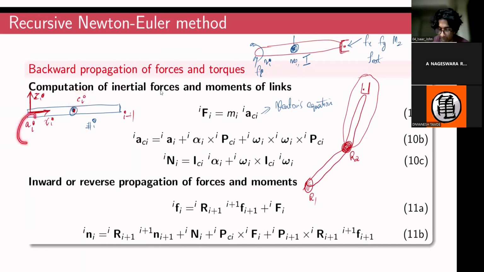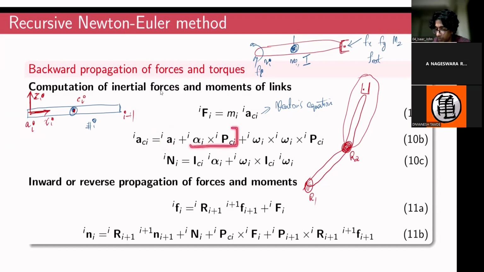So if you know the acceleration of this proximal point from the forward propagation equations that we have seen earlier, what will be the acceleration of this point Ci? That is given by this vector quantity.